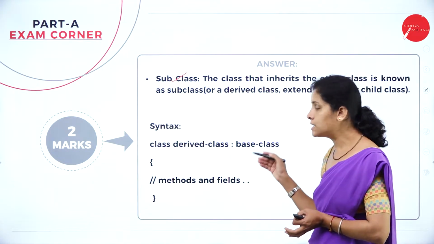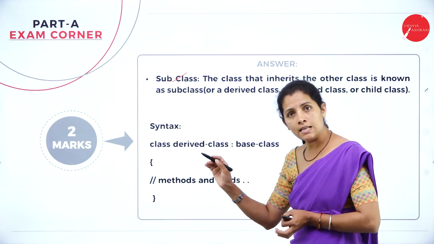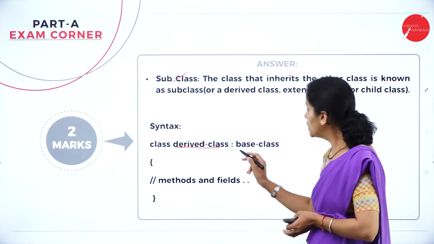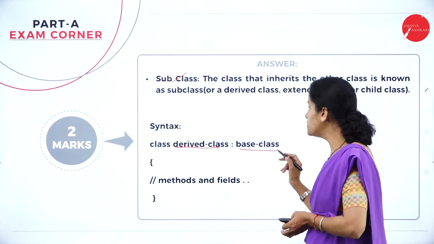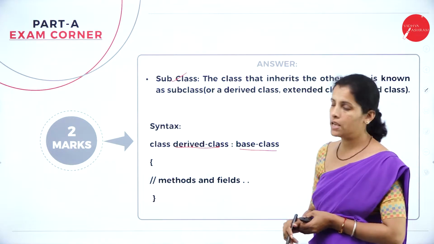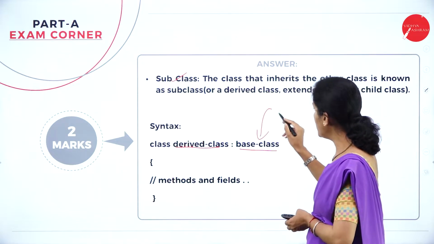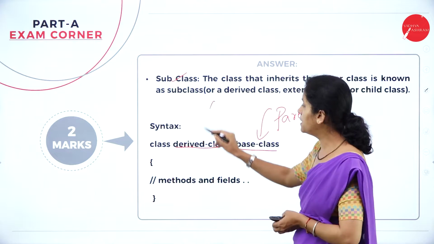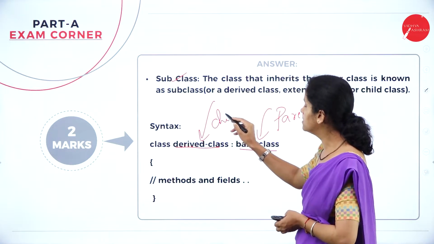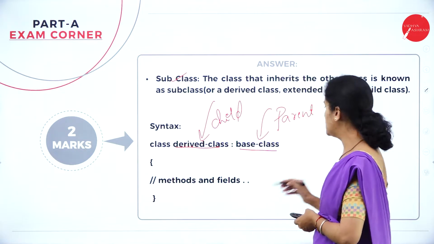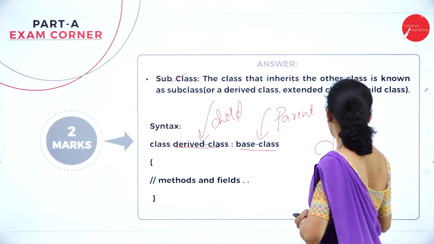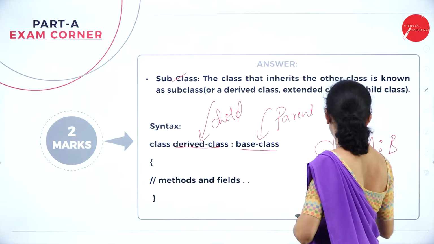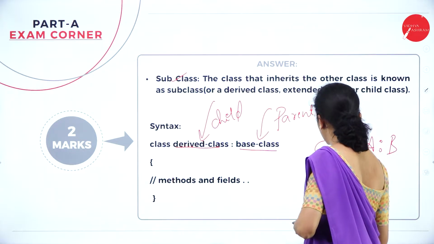And the syntax here is, the subclass, which is nothing but the derived class, colon, and I want to specify the base class name. So this is my parent class, and this is my child class. Example, class A colon B.